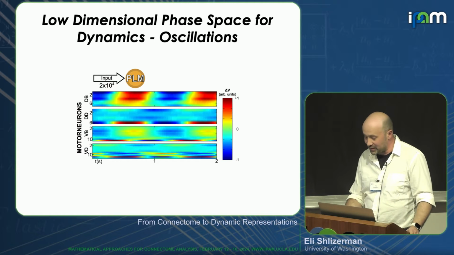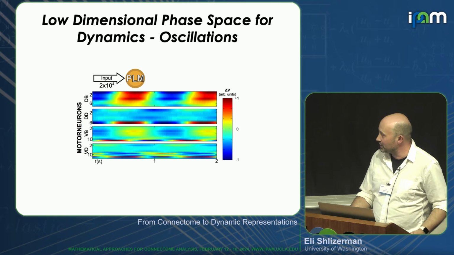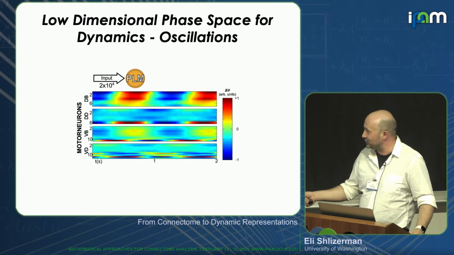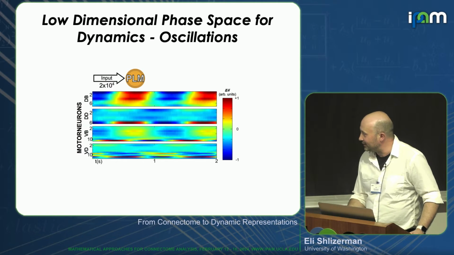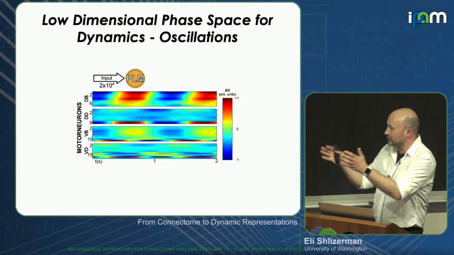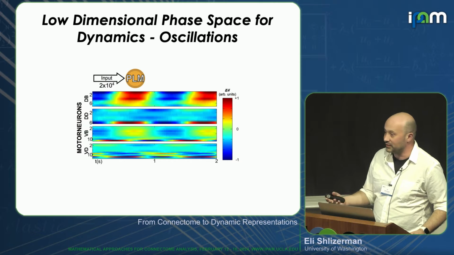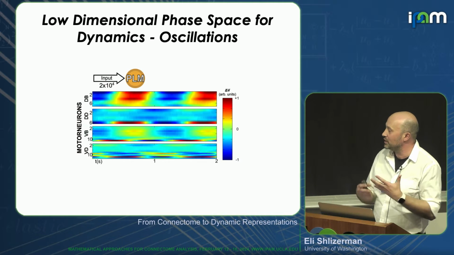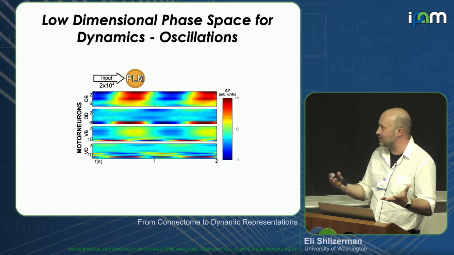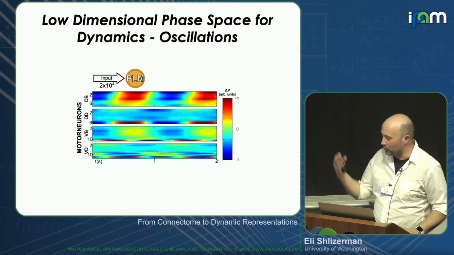So this suggested to us that there is probably a justification for seeking dimension reduction techniques that apply to these snapshots in time, and then analyzing them and seeing what the dimensions are, what type of dynamics we get. Are these limit cycles? Are these more complex movements and so on?